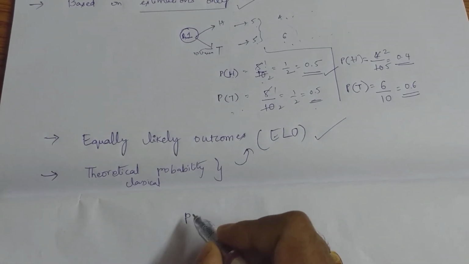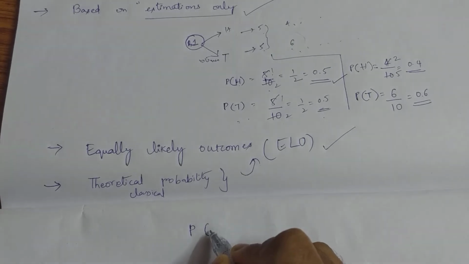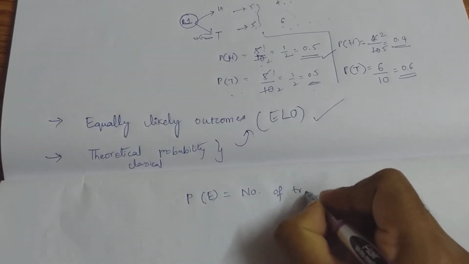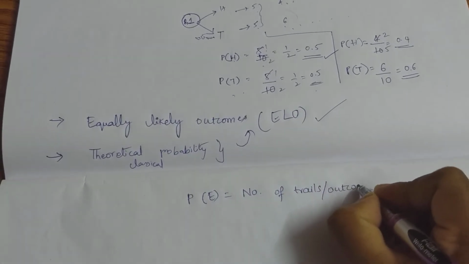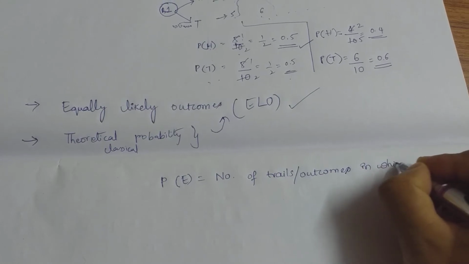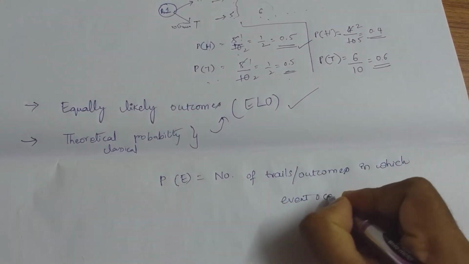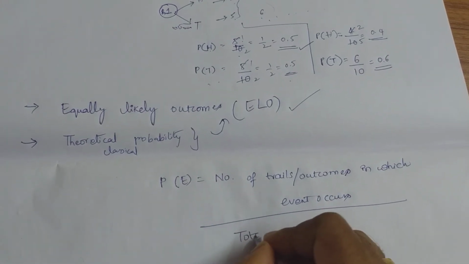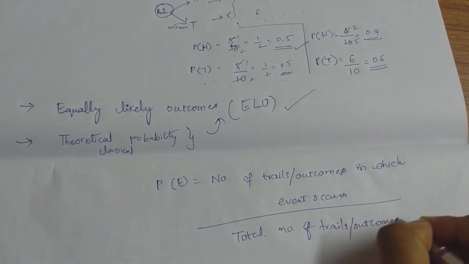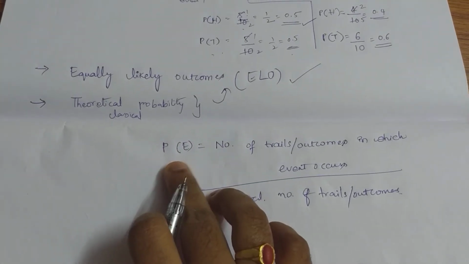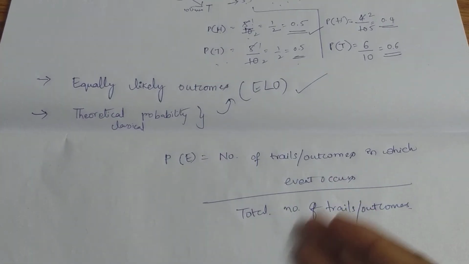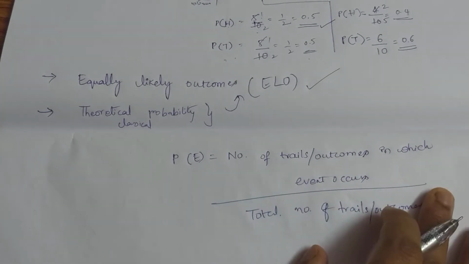The theoretical probability formula is: probability of an event equals the number of trials or outcomes in which the event occurs, by the total number of trials or outcomes. Clear?